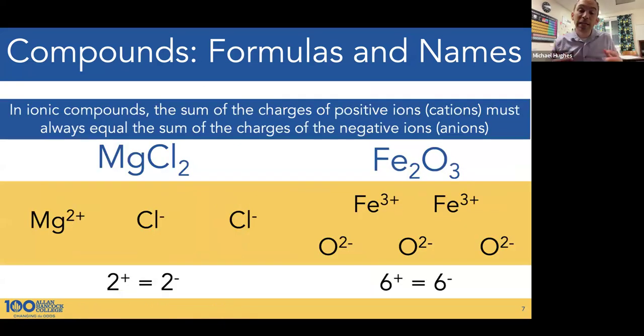And then don't forget, and there was a review assignment to make sure you practice this, but when we're putting ionic species together, the charges must sum to 0. So we're going to use that to deduce the charge on a species like iron. Here is iron 3+ because of the three 2- oxygens that are with it.